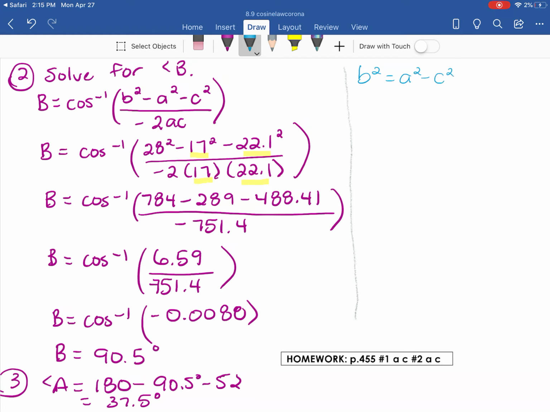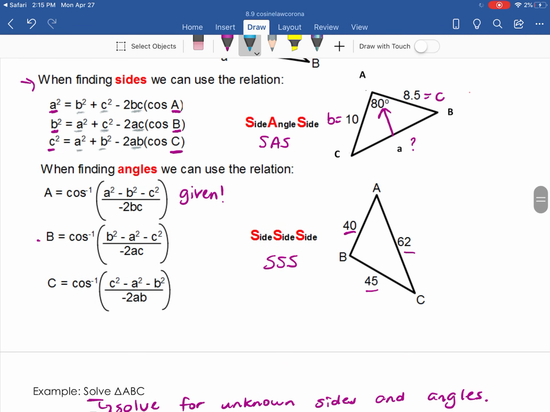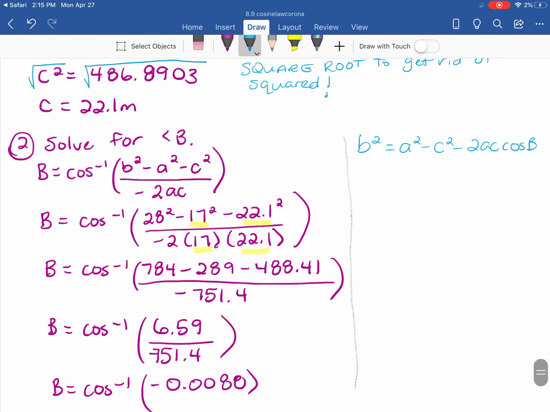Those of you that don't like what I just did there, I'm going to solve for angle B a different way, okay? So you can also always use this form. Okay, so you can just use the side formula here. B squared equals A squared plus C squared minus 2AC cos B, and then rearrange.